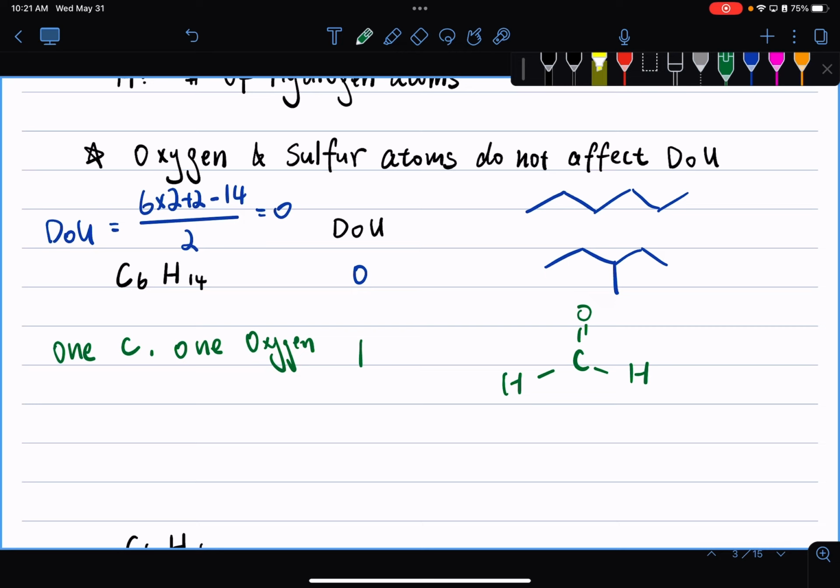If you're calculating the degree of unsaturation here, carbon is just 1. 1 times 2 plus 2 minus 2 gives you 1 degree of unsaturation. So there are several different ways we can ask you the same question, but don't memorize the type of question you're expecting. Try to understand how to use that formula in different ways.